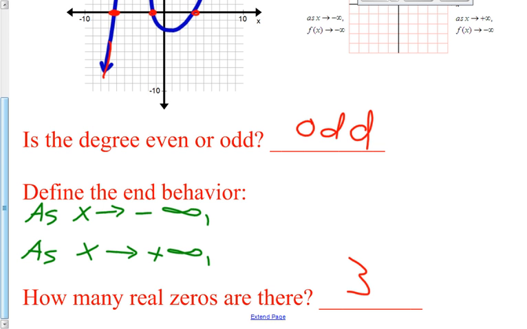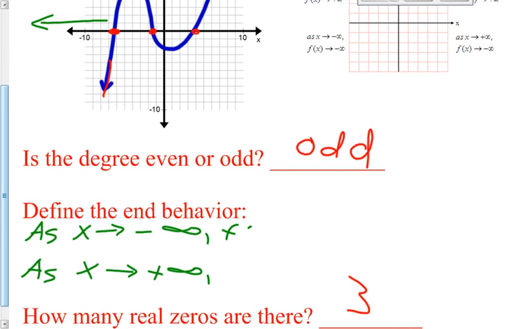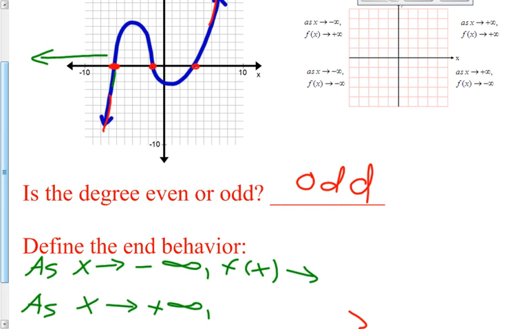You tell me what happens. So as x approaches negative infinity to the left, what happens to my y value, or what happens to my f of x? My f of x approaches, notice how it's getting lower and lower and lower and lower. That means it's approaching negative infinity.